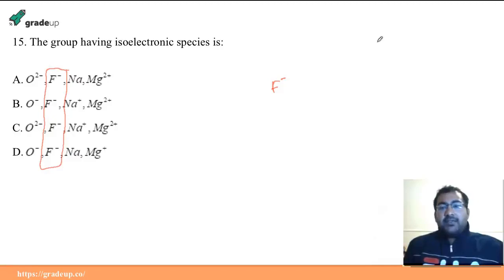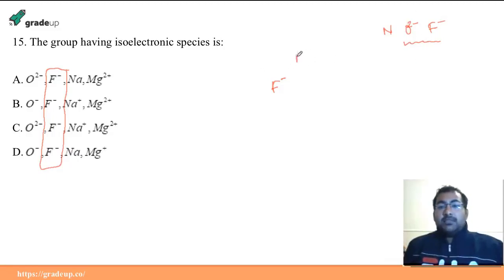So F negative, and in the periodic table you have N, O and F. F negative means one electron more than F was having, while oxygen has one electron less than fluorine. So oxygen should have a two negative charge just to be equivalent to fluorine negative ion, to have the same electronic configuration.